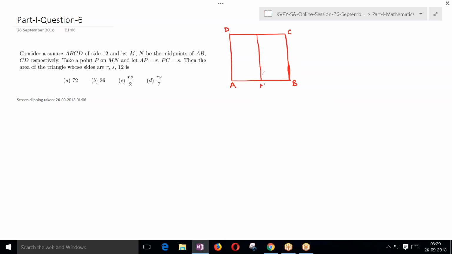So suppose this is M and this is N. Now as it is a square of side 12 units, AM should be 6 and MB should be 6. Now P is a point on MN. Suppose this is the point P.